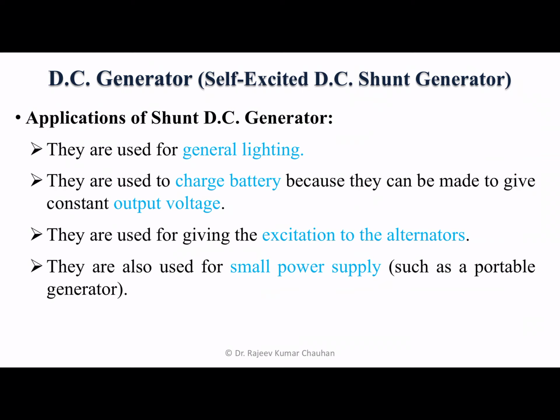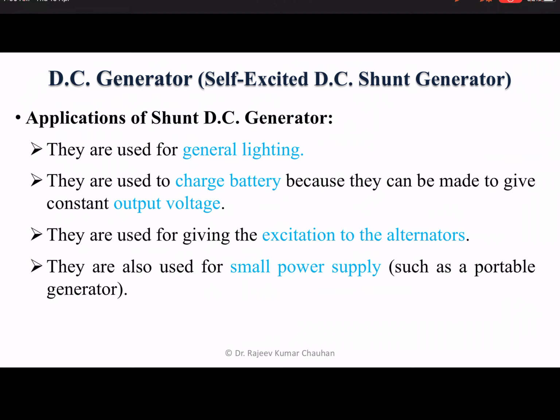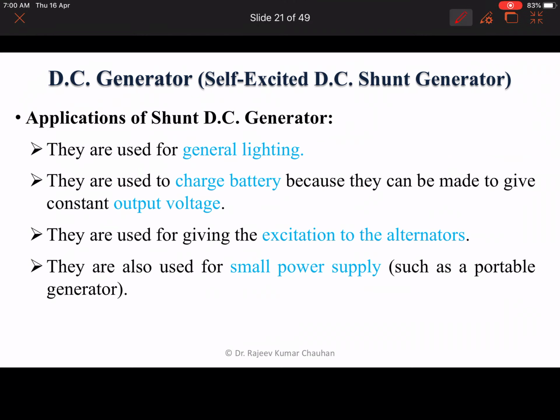The applications of the DC shunt generator. They are used for general lighting. They are used to charge batteries because they can be made to give constant output voltage. And we know that to charge a battery we require either constant current or constant voltage.